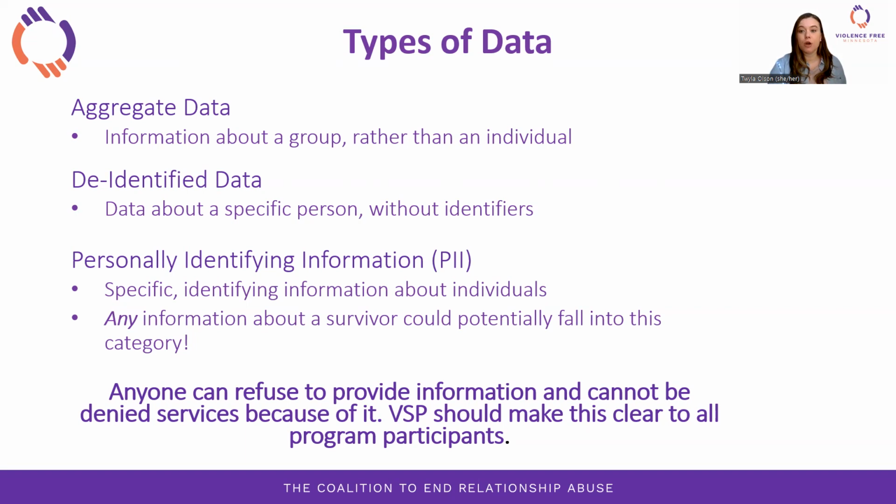For example, particularly in a small community, there may be a limited pool of immigrant residents or residents belonging to a particular racial or ethnic group. Even reporting that the VSP served someone from those communities can reveal their identity and location, compromising their safety.